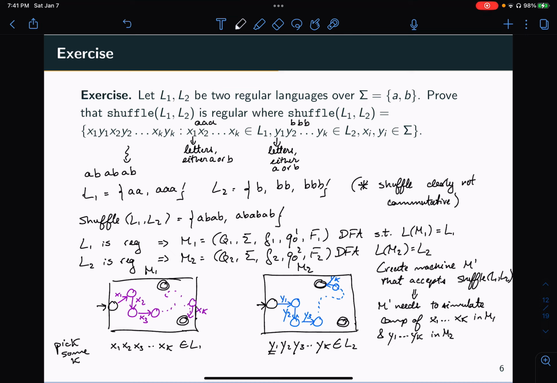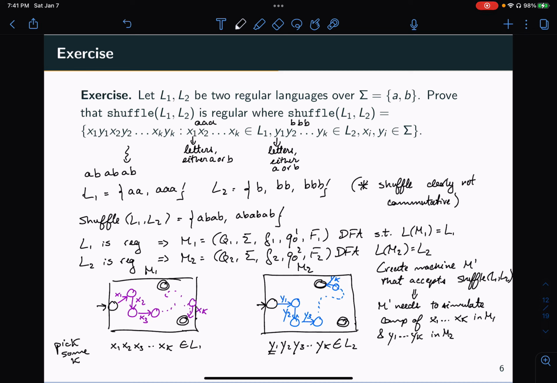Why? Because for the string to be in the shuffle, the individual strings have to be in L1 and L2. To ensure that, we need to make sure that when you run x1 to xk, it's accepted in M1, and when you run y1 to yk, it's accepted in M2.